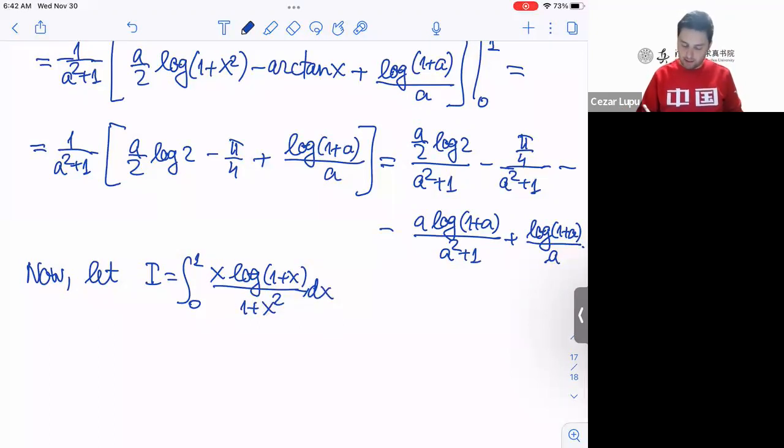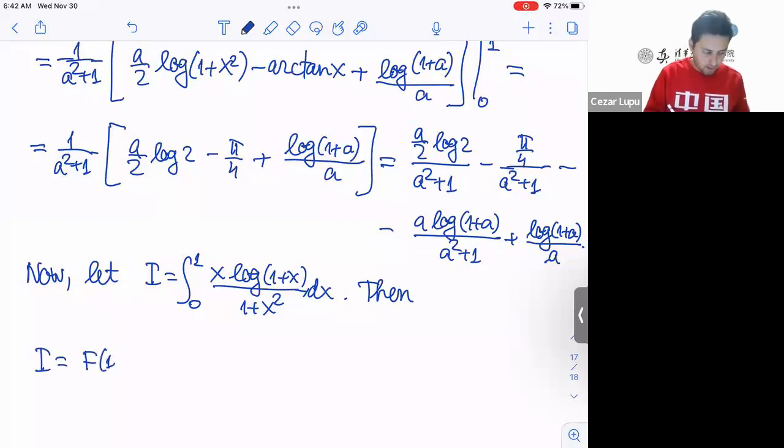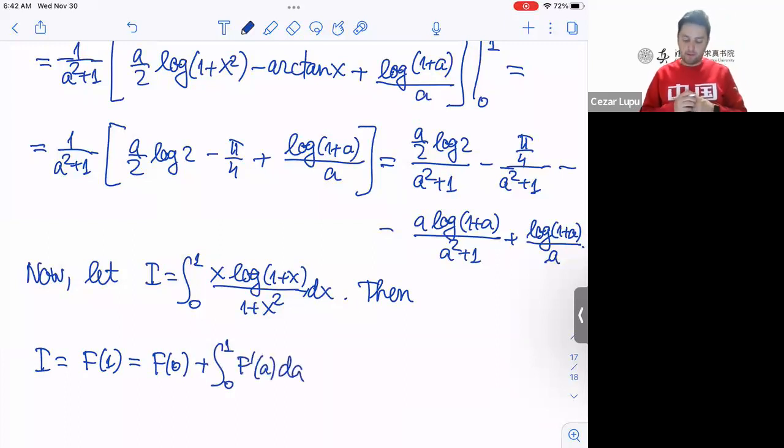Then it follows that, let's see, what do we have? It follows that I is f of 1, which is f of 0 plus, using the fundamental theorem of calculus again, the integral from 0 to 1 of f prime dA.